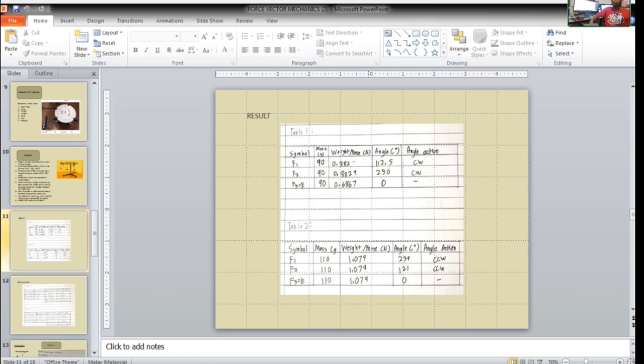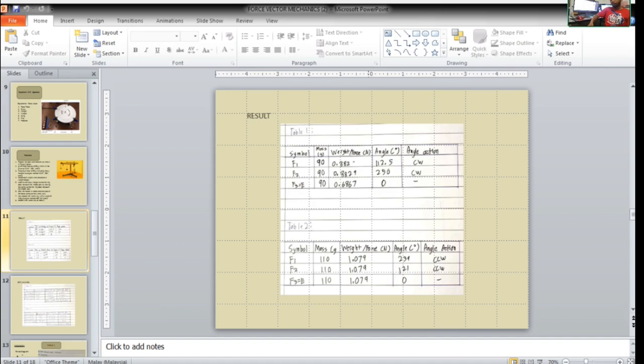Okay, table 2. Symbol F1 is 110 grams. The weight is 1.0779 Newton, and the angle is 239. The angle action is CCW. F2 is 110 grams.